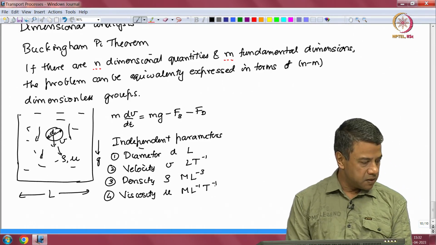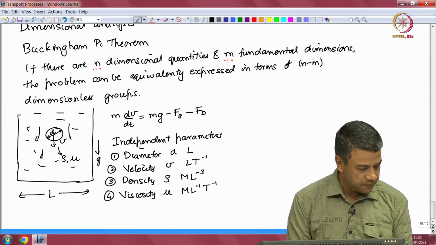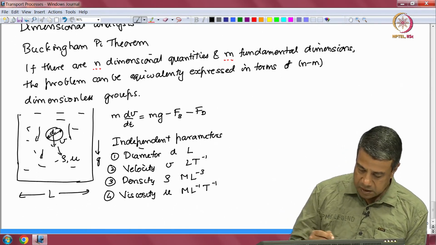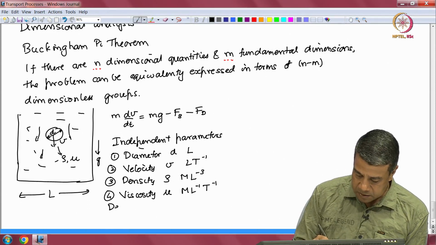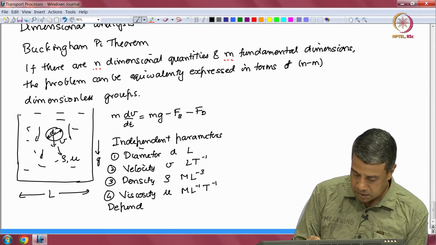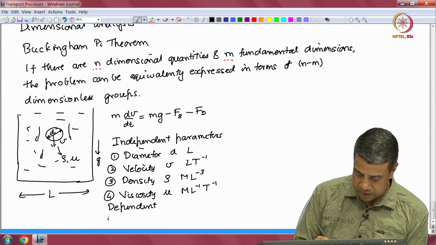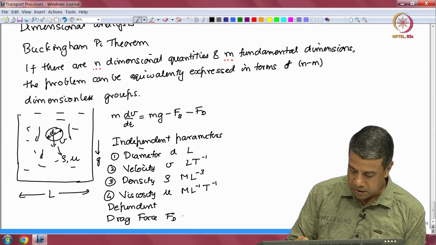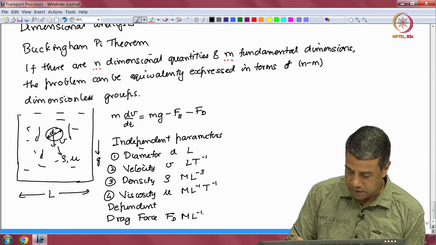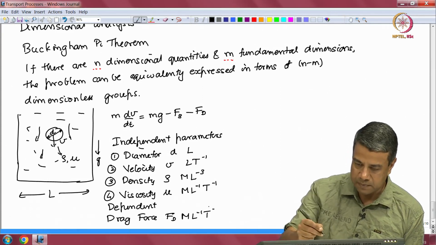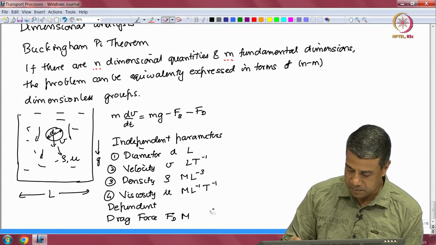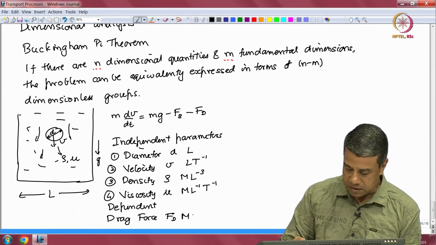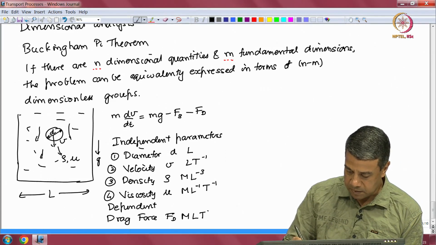So, these are the independent parameters. And the dependent quantity is the drag force, F d, with dimension, my apologies, this should be mass times acceleration, m L T power minus 2.